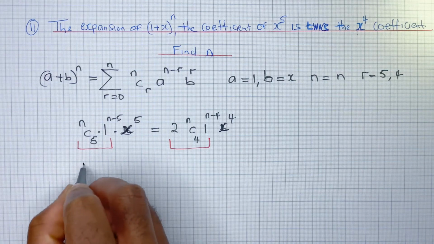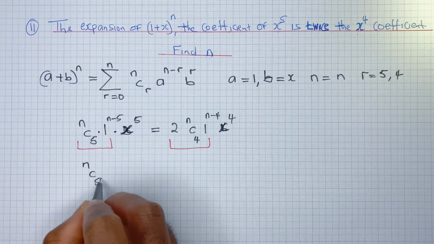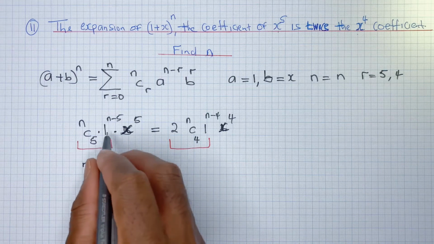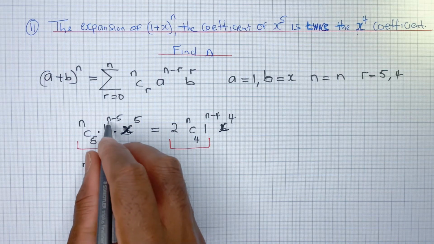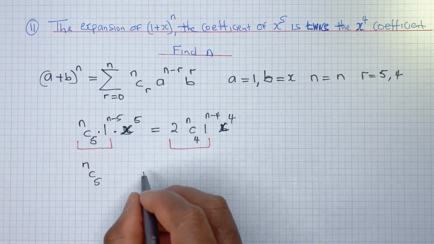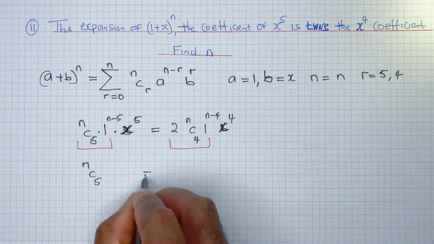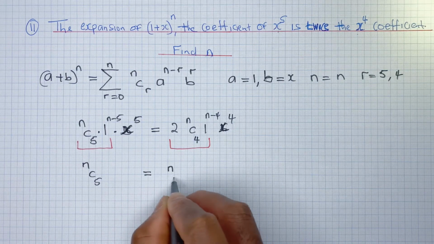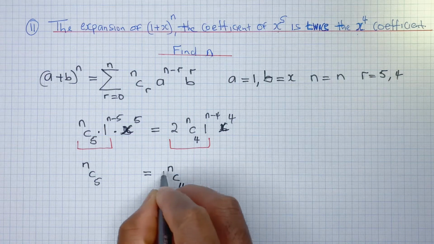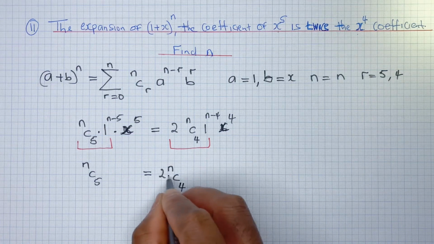So we want n combination 5 times 1, because 1 to power n minus 5 is going to be 1, and that should be equal to 2 times n combination 4.